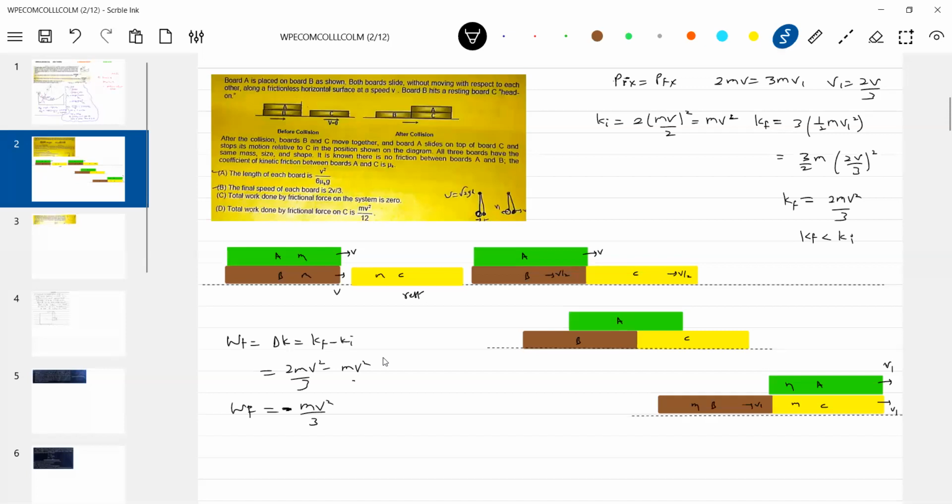Okay, no. So this is the work done. So he's asking about the net work done by friction. It is this quantity, net work done by friction, that we will take.